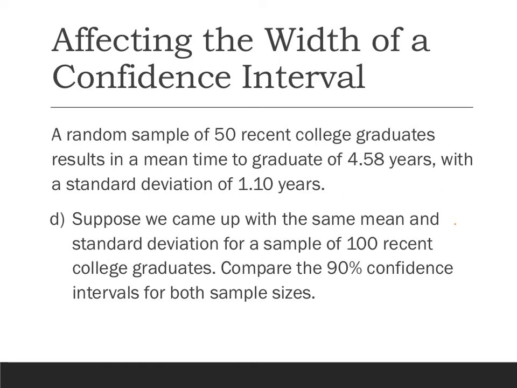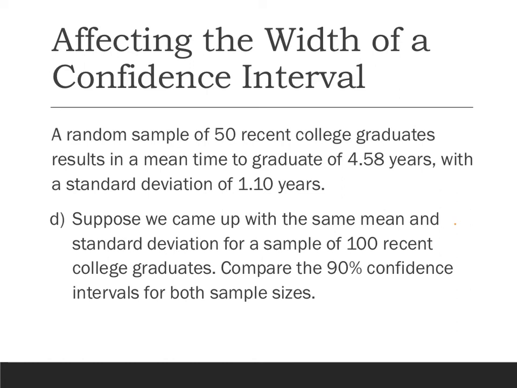So let's say that we have our normal data, a random sample of 50 students, and we got this mean and standard deviation. But let's suppose we came up with the same mean and the same standard deviation for a sample of 100 recent college graduates. Now, obviously, this is not something that we would normally see. We've heard time and time again, samples vary.